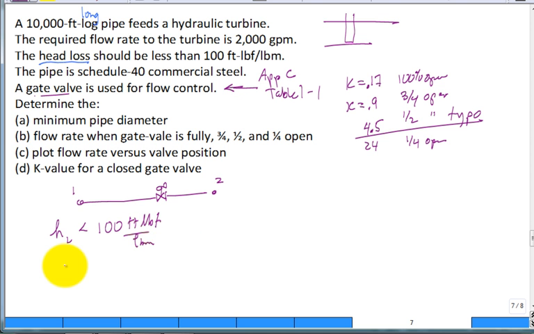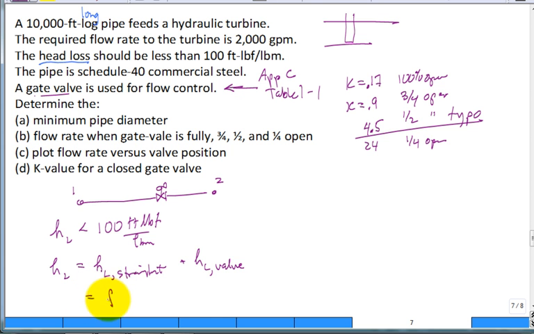Well, so what is my head loss? It's going to be the head loss due to the straight run, a major loss, plus the head loss for the valve. You can make these subscripts shorter, but I usually make subscripts long until I'm comfortable, then I shorten them. How do I model the head loss?